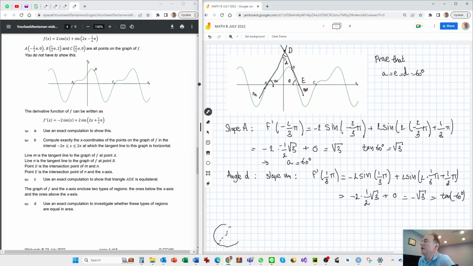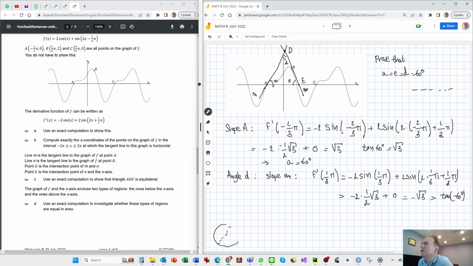The line M, what they call the directional angle of line M, is negative 60. That's the angle with, say, the positive x direction, which is related to the slope. Again, that's written in the materials.